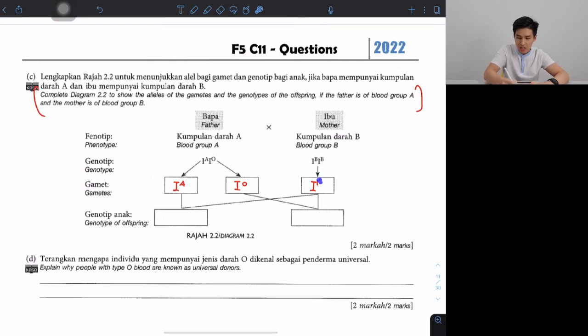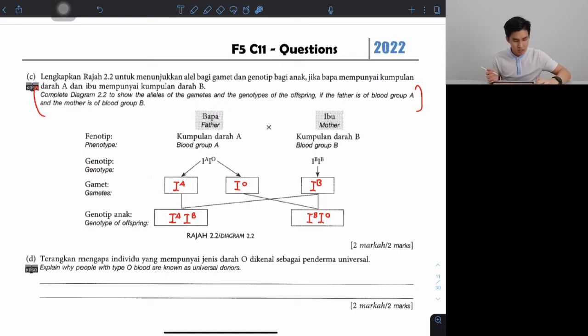If a parent is homozygous, you can just write the gamete one time. Unlike what I drew just now, where you can see there are two repeated genotypes, you can write it once so you won't have so many answers. The diagram is much cleaner. So I'll get one IA IB child and one IB IO child. Always write the dominant one first, then the recessive. So one child will be IA IB, and one will be IB IO.